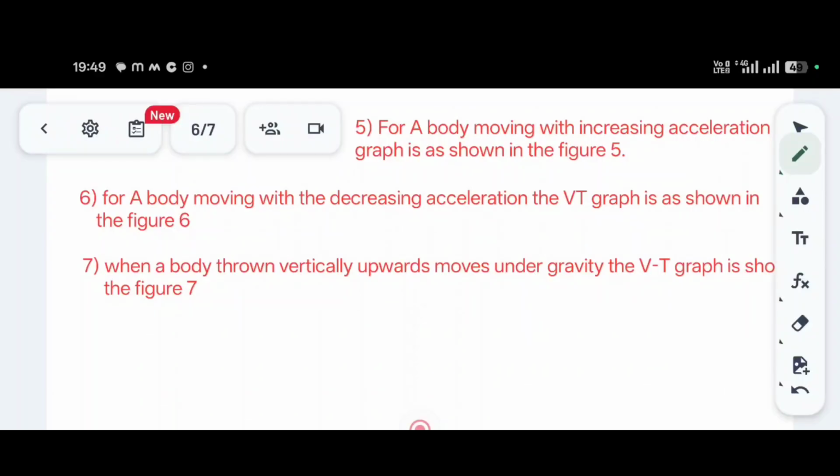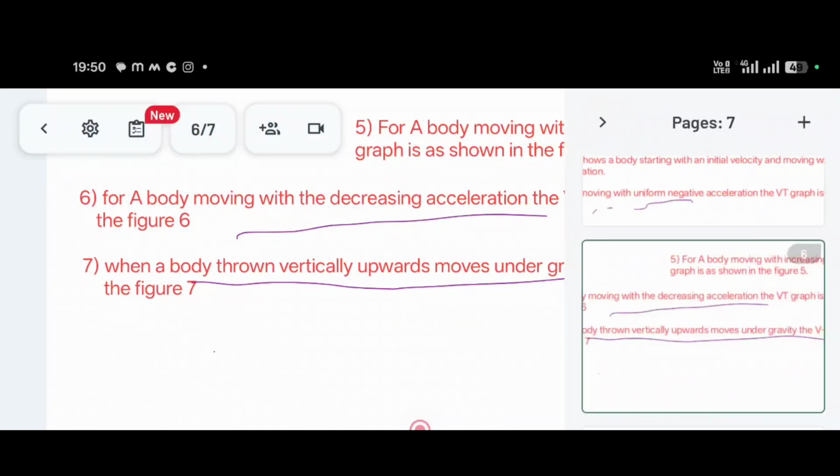The fifth graph shows the body moving with increasing acceleration. The sixth graph shows the body moving with decreasing acceleration. The seventh graph shows a body thrown vertically upwards against gravity. So these are the explanation of the graphs in brief.